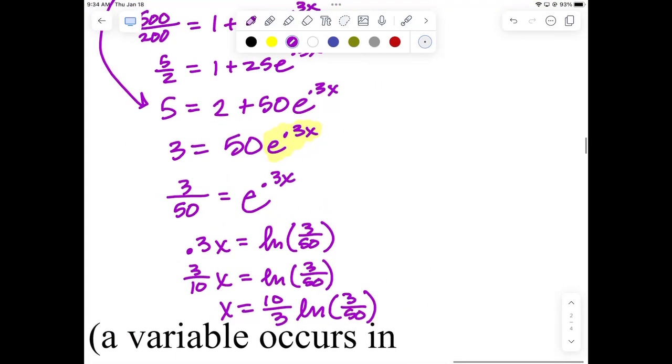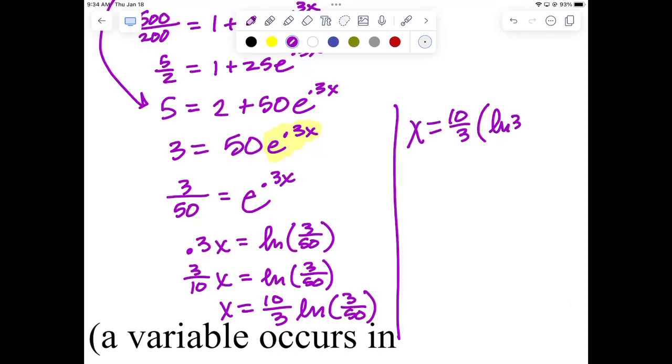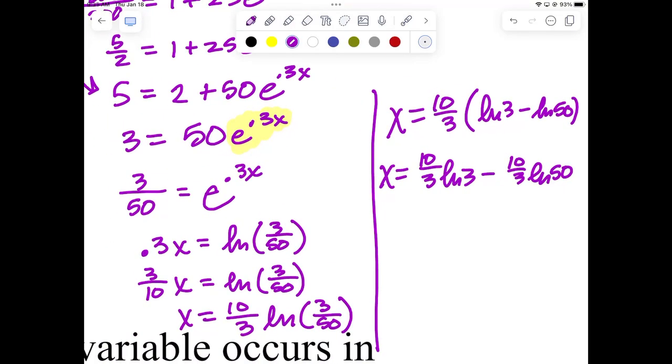That's your exact answer. Now, can we play with that? Yeah, we could call that 10/3 times the natural log of 3 minus the natural log of 50, if you want. And then if you want, you can even distribute the 10/3 to each of them: 10/3 natural log of 3 minus 10/3 natural log of 50. And now if you want, you could bring the 10/3 up top, or watch this.